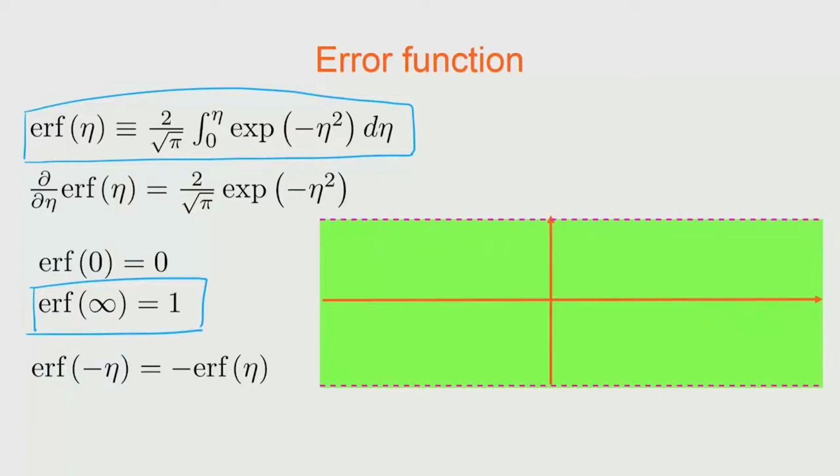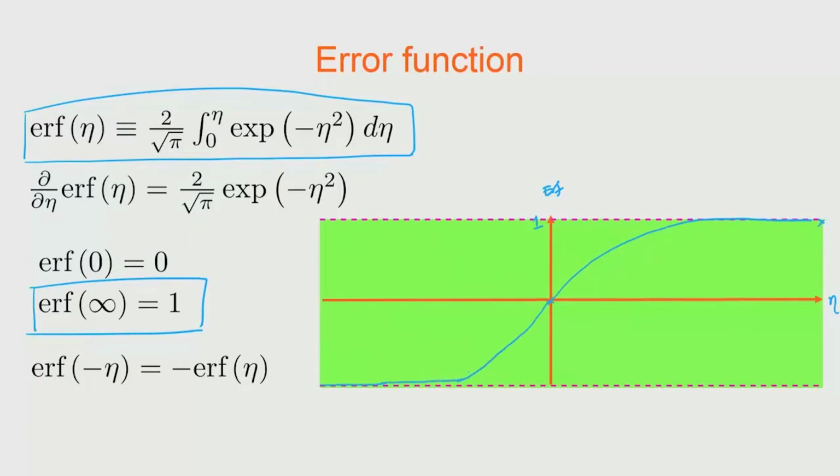This function, it looks like this. Error function at the argument 0 is 0. So, which means starting here, and at infinity it is 1. So, this is 1. So, error function is in this direction, the eta is in this direction. So, it should look like that. So, asymptotically approaching 1, and on the other side it would look like that. Okay.